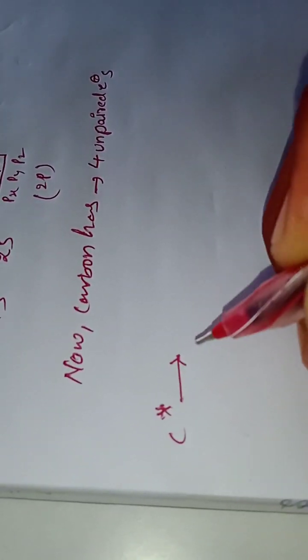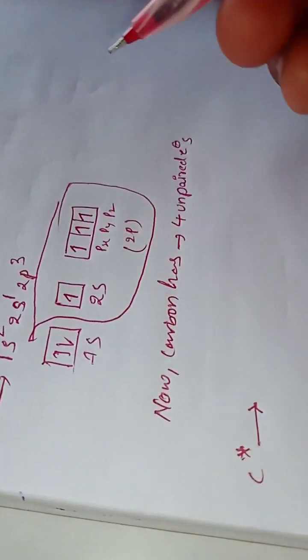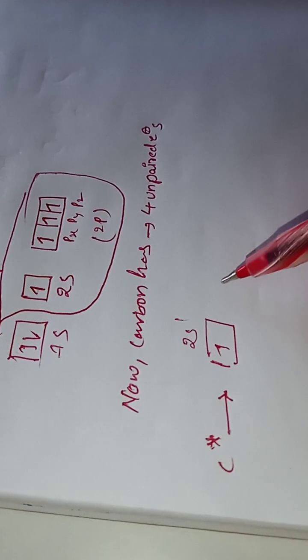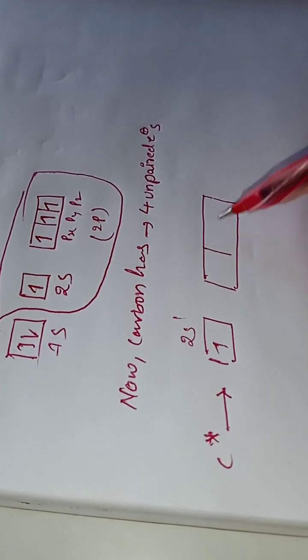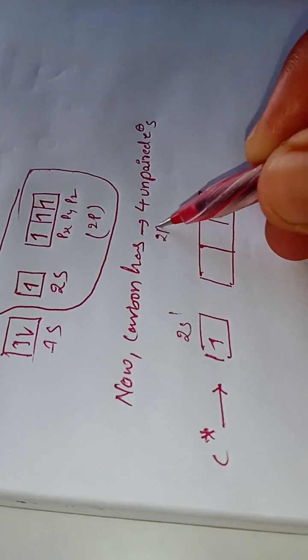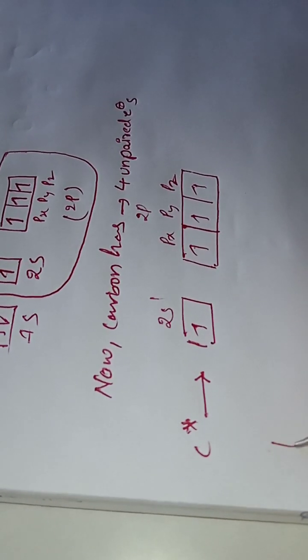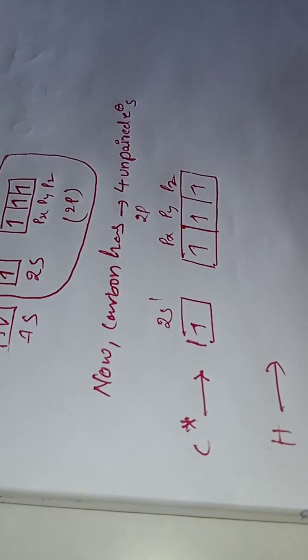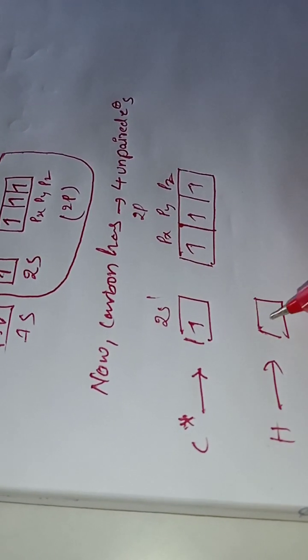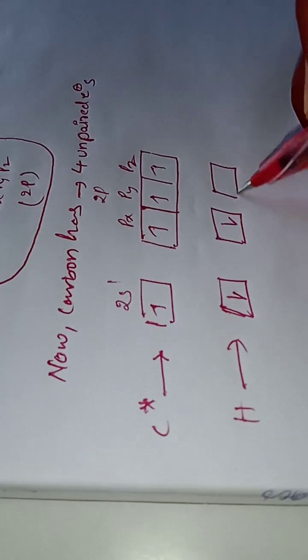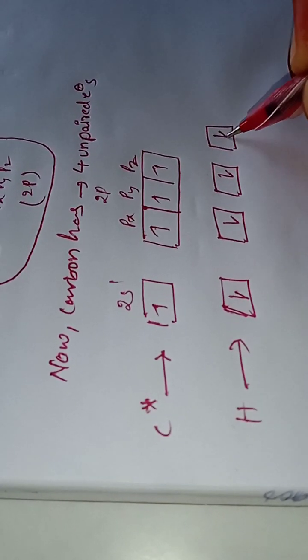The excited carbon takes only valence electrons, that is 2s1 and 2p with px, py, pz one electron each, and there are 4 hydrogens: hydrogen 1, hydrogen 2, hydrogen 3 and hydrogen 4.